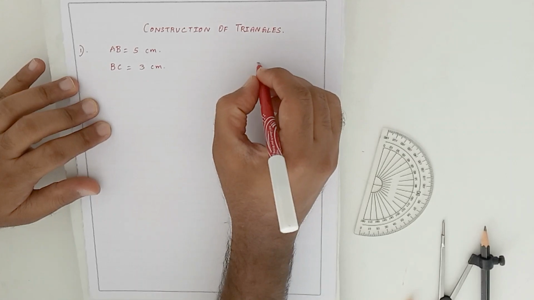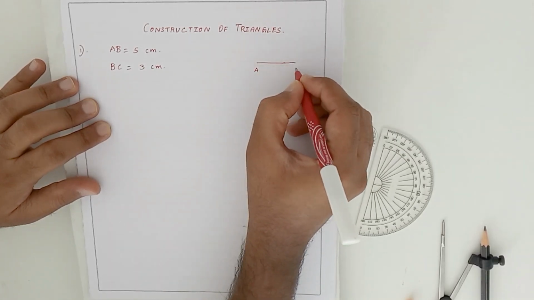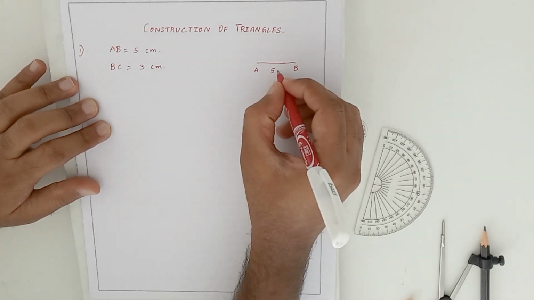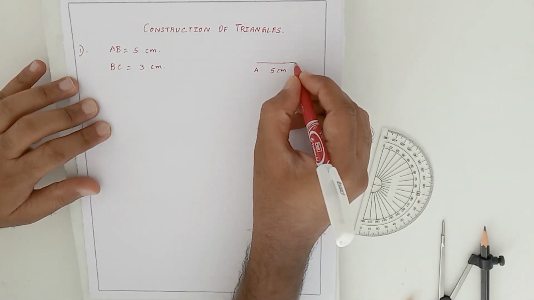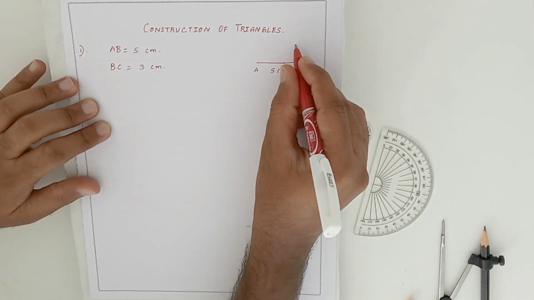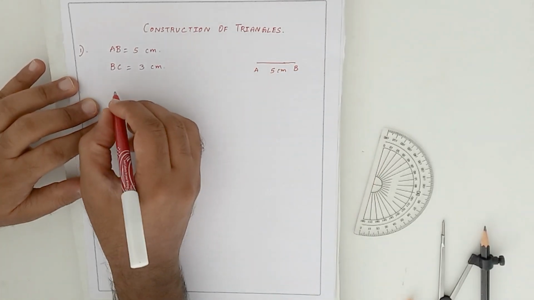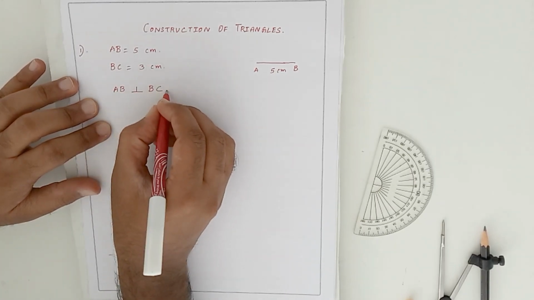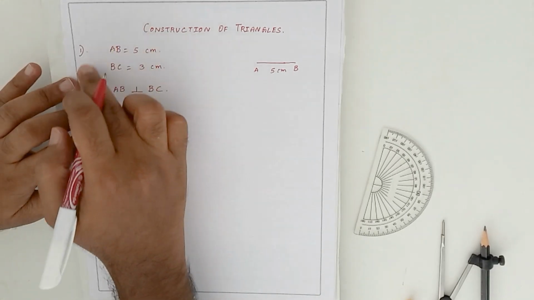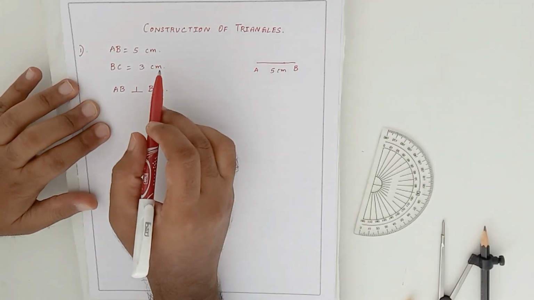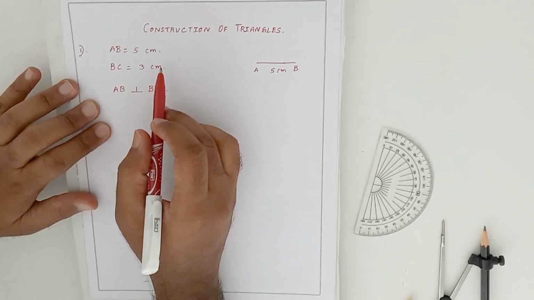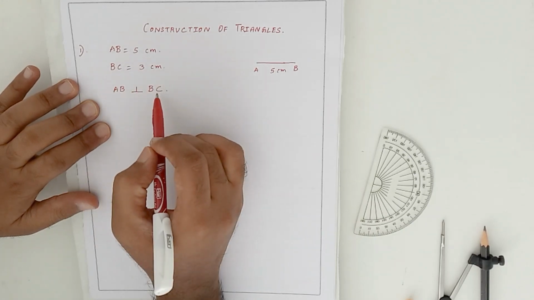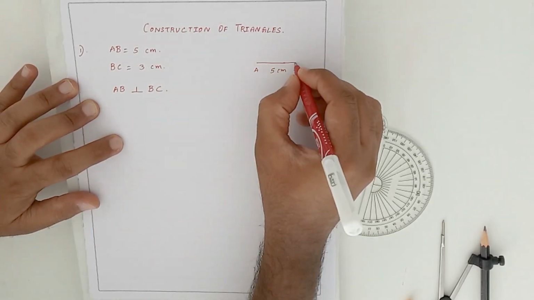Okay, so AB is 5 centimeters and then BC is 3 centimeters. And then he gives AB is perpendicular to BC. These are the details given to you. I'll just repeat the question. Construct a triangle ABC where AB equals 5 centimeter, BC equals 3 centimeter, and AB is perpendicular to BC.